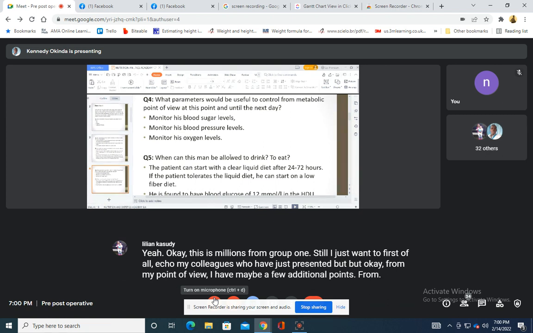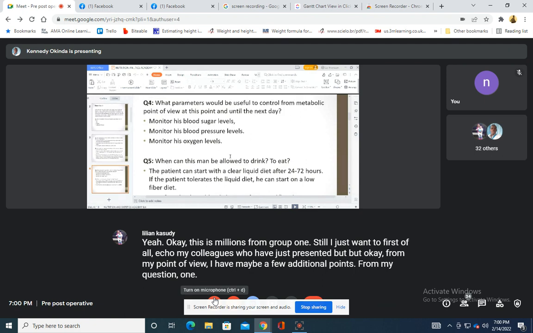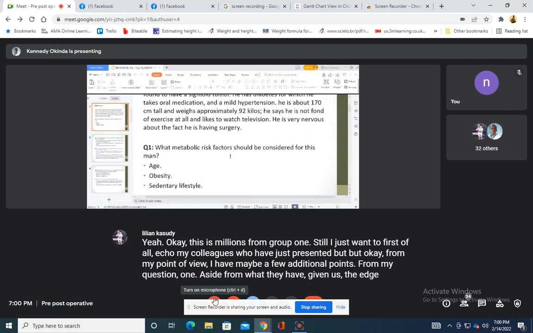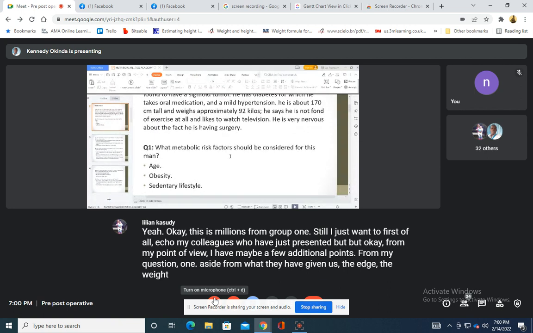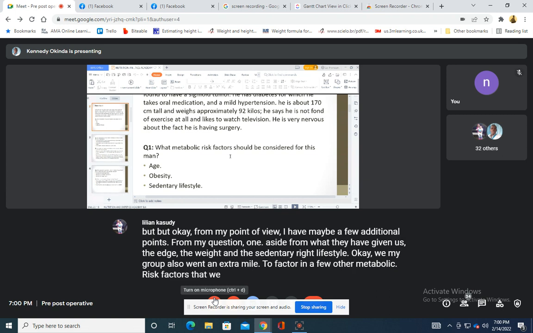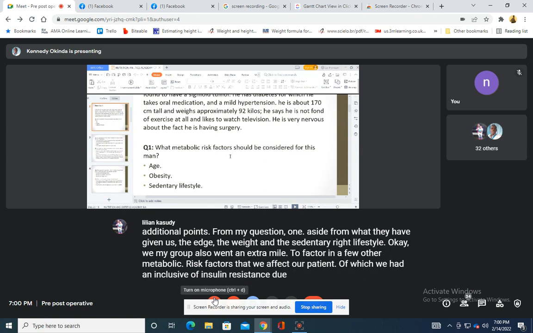From question 1, aside from what they have given us, the age, the weight, and the sedentary lifestyle, my group also went an extra mile to factor in a few other metabolic risk factors that may affect our patient, including insulin resistance due to loss of normal anabolic reactions.